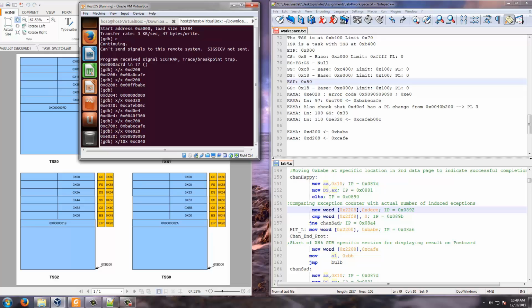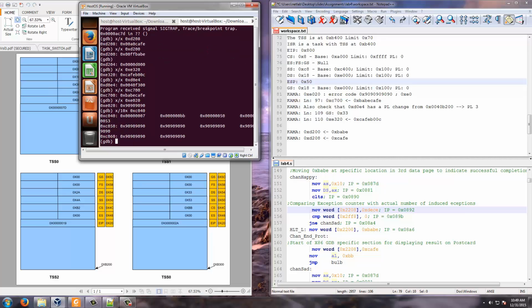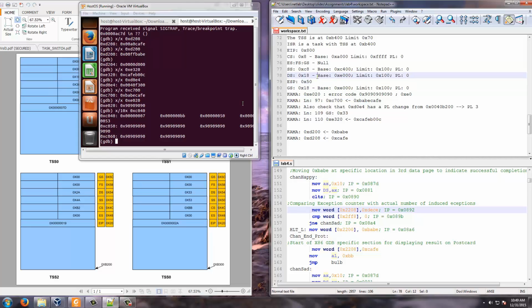So C450. So let us see x/10x 0x C040, right? So as you see here, there has been some pushing here, 53, 50, BB7, etc. So these are the stack corresponding to the 0 stack.